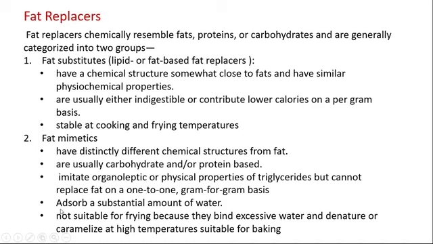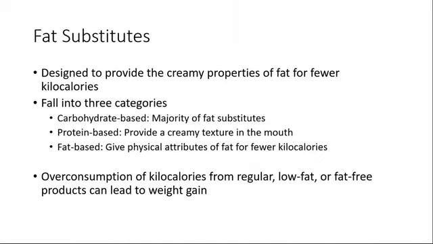And this fat mimetic absorbs a substantial amount of water, and therefore fat mimetics cannot be used for frying, whereas a fat substitute can be used for frying and cooking, because the backbone of it, some of it will be fat.